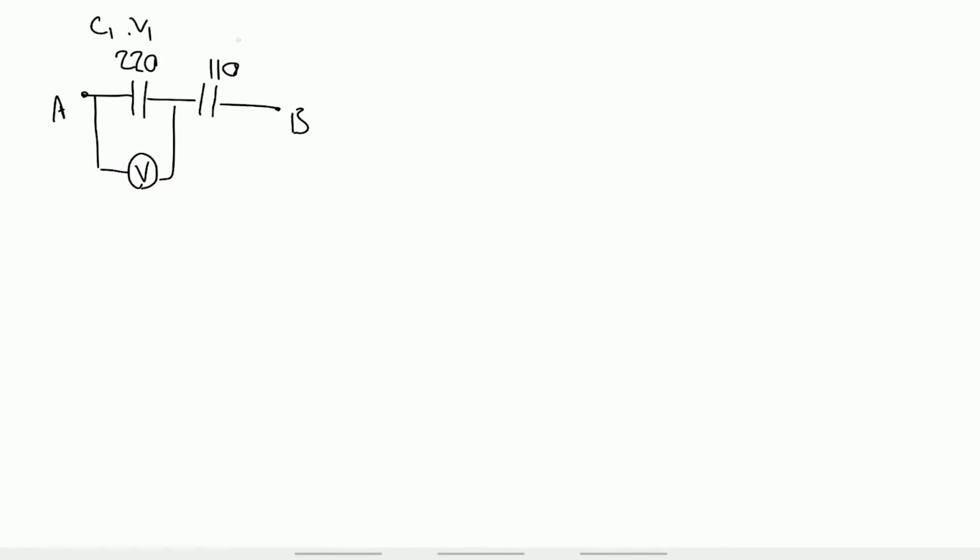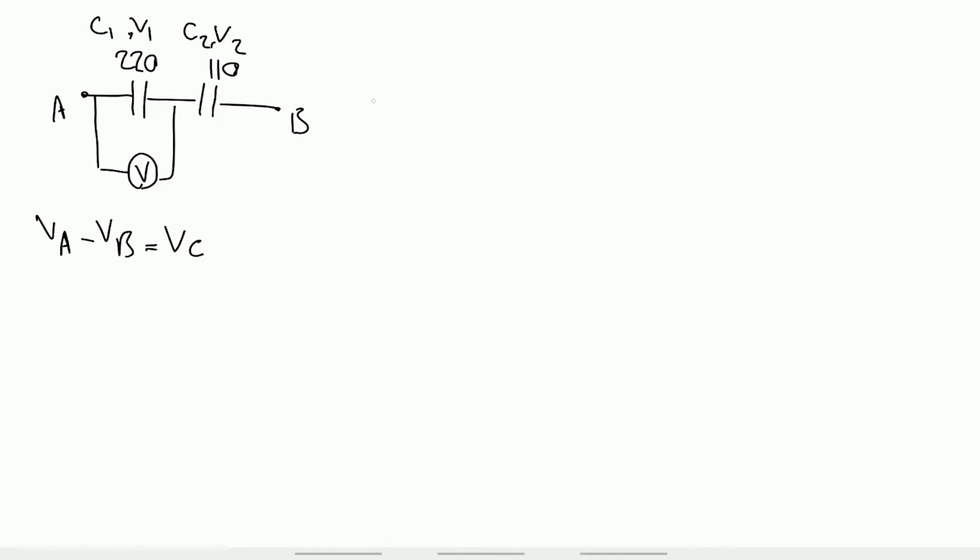And now I would like to calculate what the voltmeter actually shows. Now we know that VA minus VB equals VC.